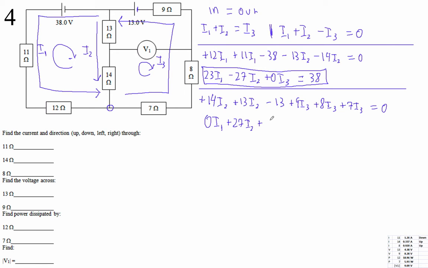So plus 24 I3. Is that right? Okay, I'm good. And then what are our constants? That equals 13.